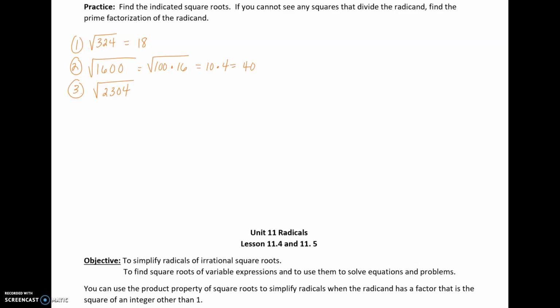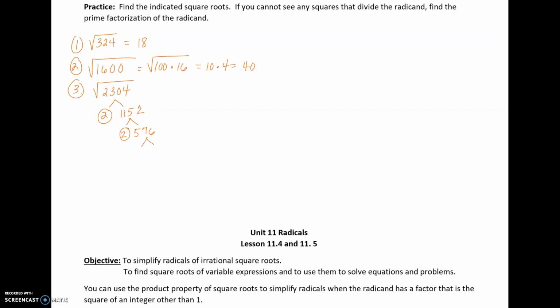If we just start breaking it apart by even numbers and taking half, we get 2 times 1,152. If we break down 1,152, it's even again. We get 2 times 576. Okay, so we broke that down again.